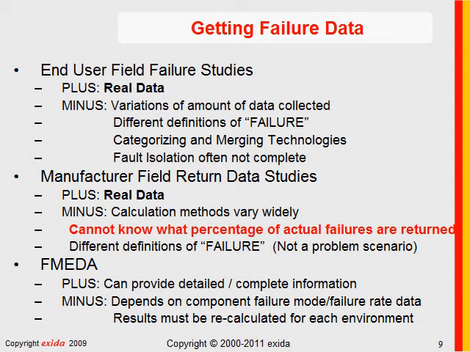I've seen situations where people categorize products and merge different technologies together into one grouping, resulting in failure rate averages that are not reflective of any particular technology. I have seen fault isolation that was not complete. And what I mean by that is someone finds a failure, replaces 3 products because they don't know which one failed, and writes up a failure report on all 3, when in fact it could have been only one of them.